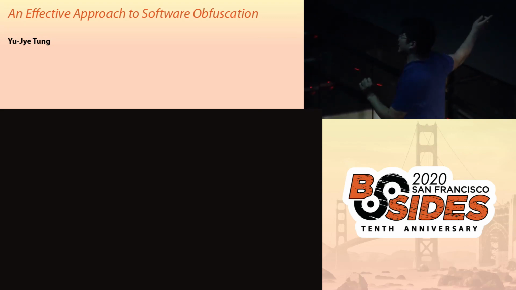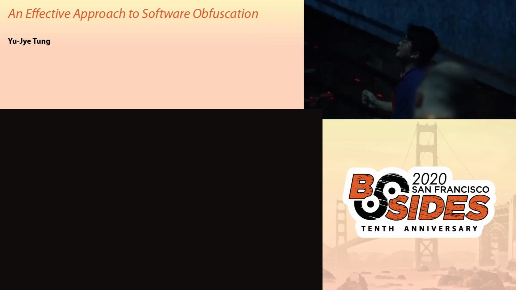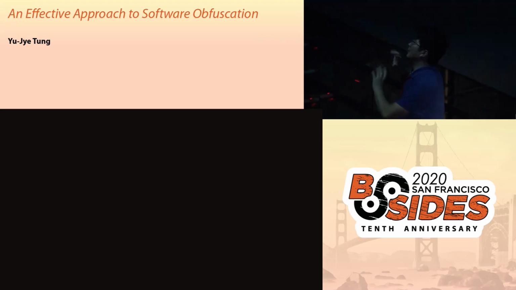So if it determines that the register that the if statement depends on always evaluates to the same value, then it will know that it's an opaque predicate. But if it can't determine that, then it doesn't.